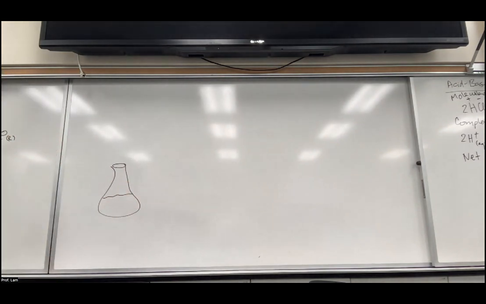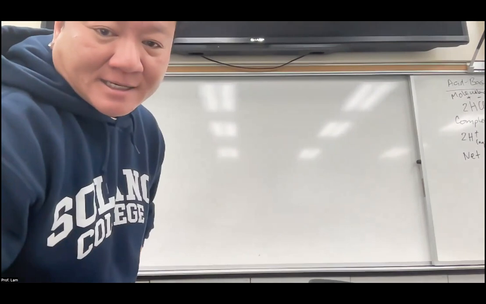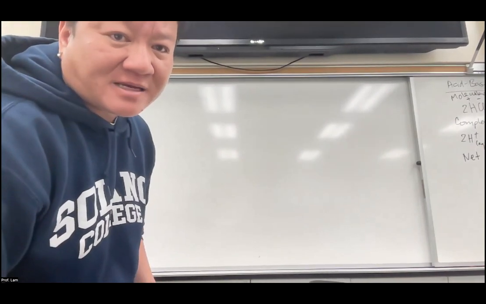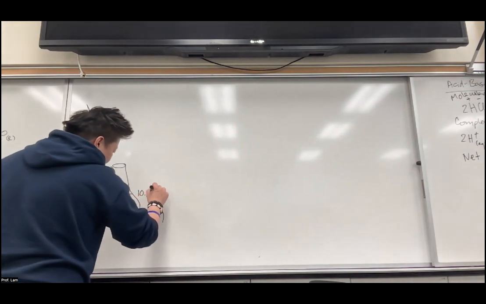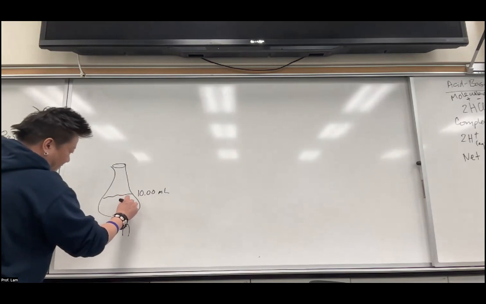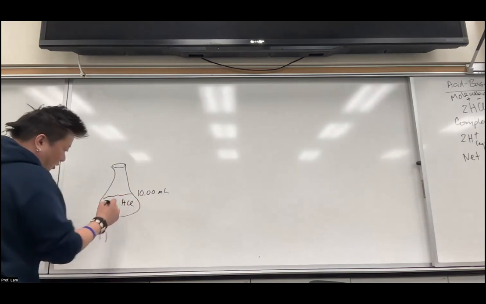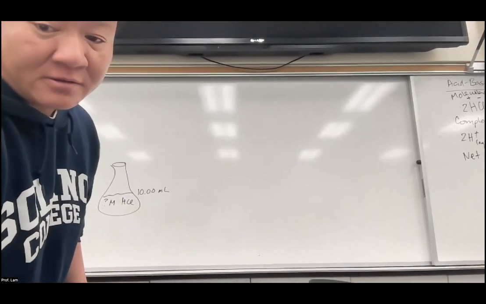Sorry, I'm a terrible artist, but that's a flask. And it says how much is in the flask? 10 milliliters of HCl. So we know the volume here, and we know HCl is in there, but we don't know the molarity, right? That's what we have to find.